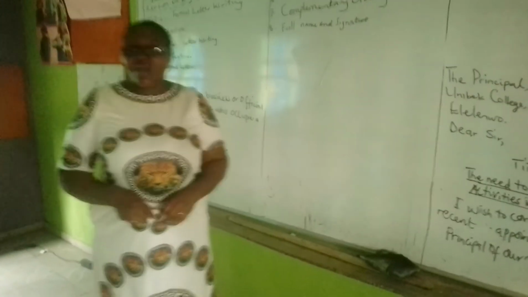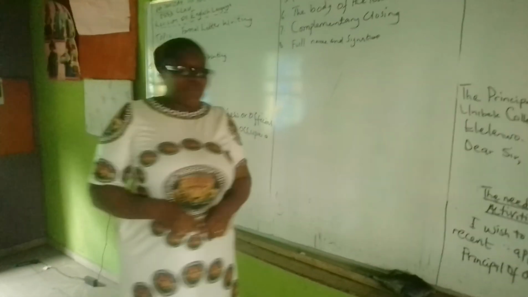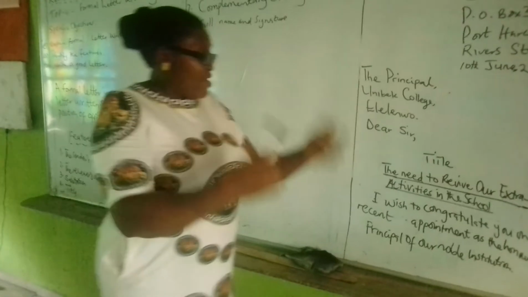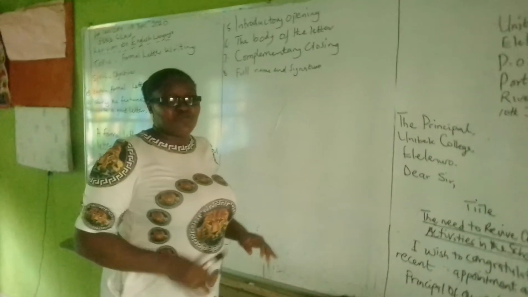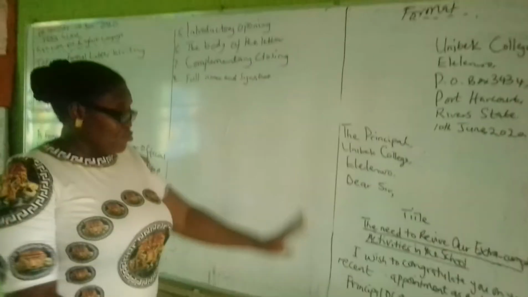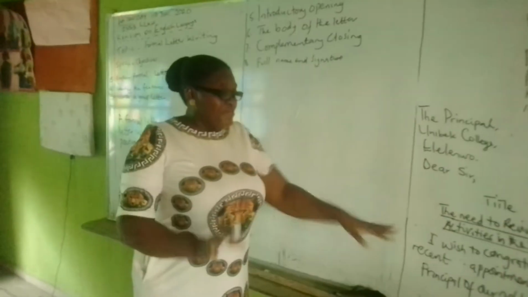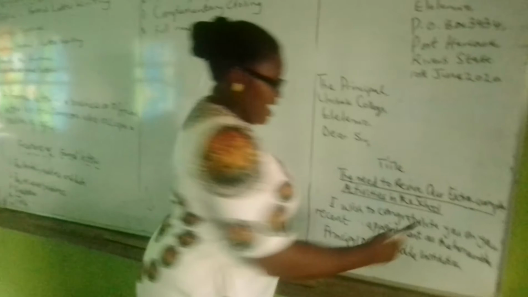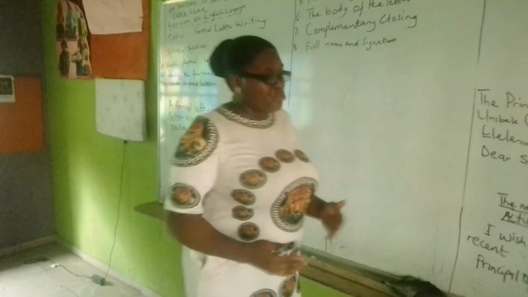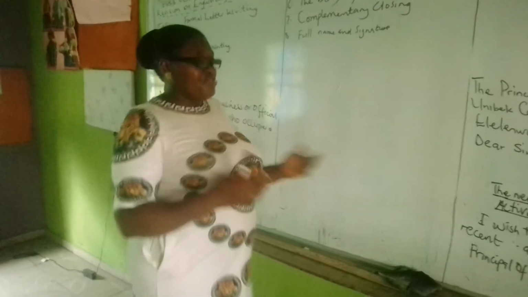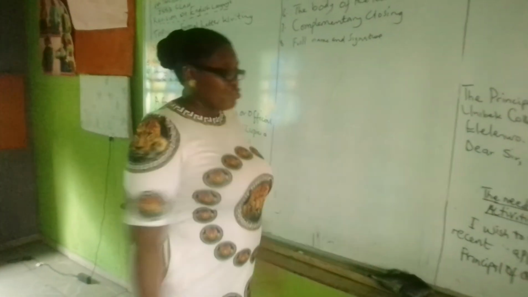What if the man does not have a child and you end up reminding him of what he's trying to forget? So you shouldn't ask these questions. Just go straight to what you have in mind. So I wish to congratulate you. Then from here, you can go on. I am writing to let you know my opinion concerning extracurricular activities in the school.